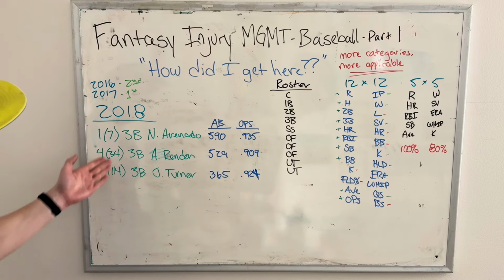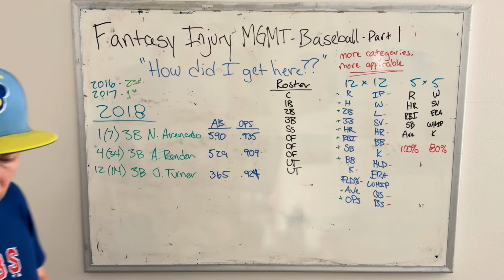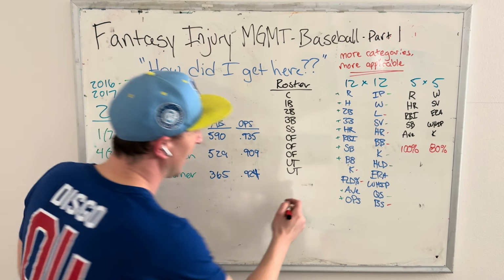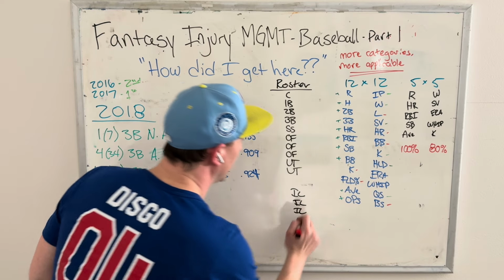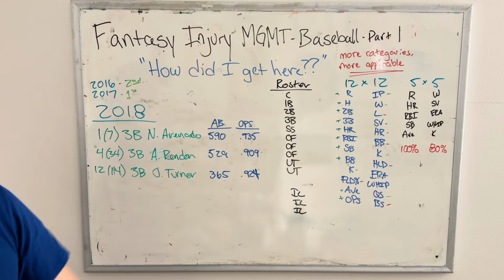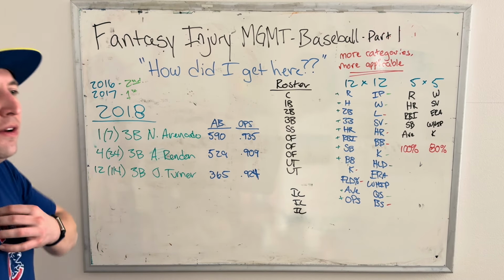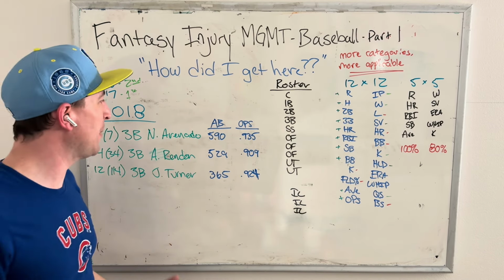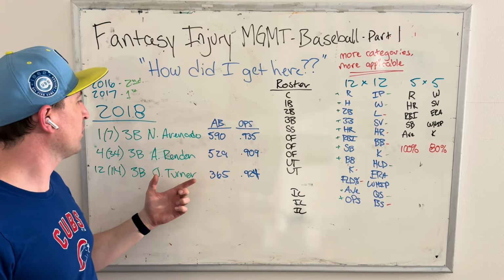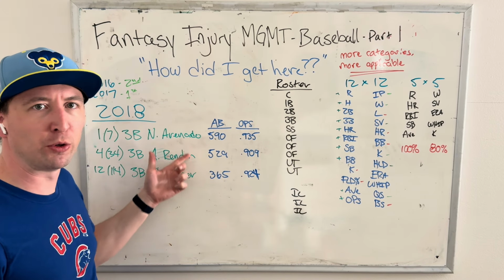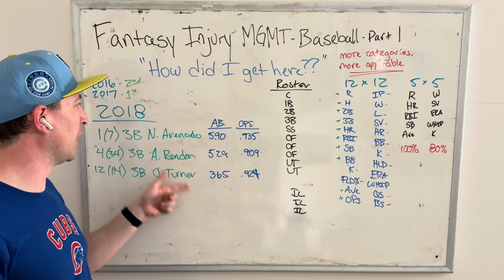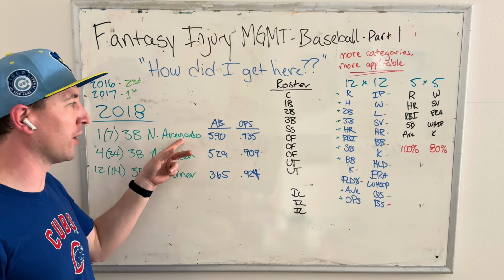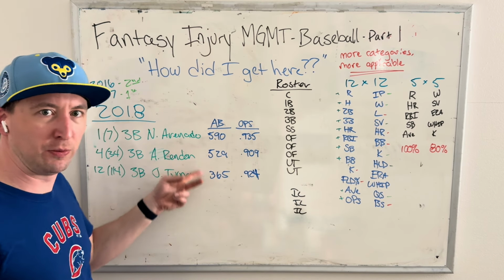So here we are. I forgot to mention, we had IL spots. Through that season, it just so happened that whenever Turner got hurt, the other two were playing. Whenever Rendon got hurt, they were both playing. And if Arenado got hurt, one of them was at least playing.